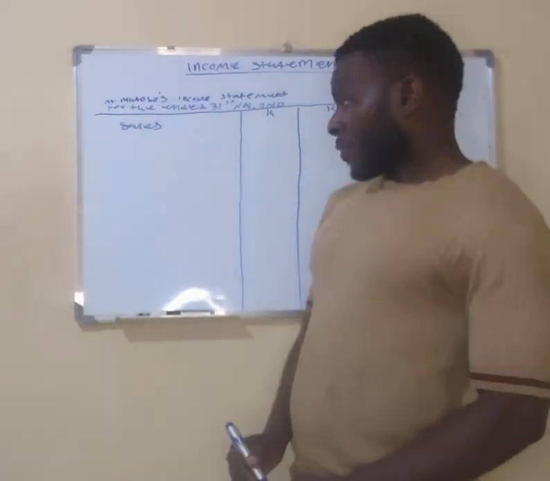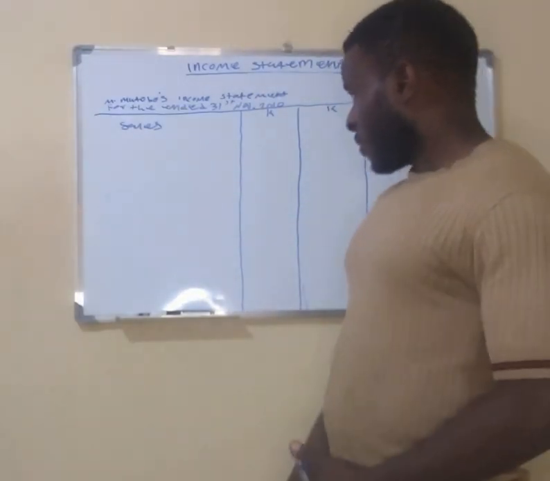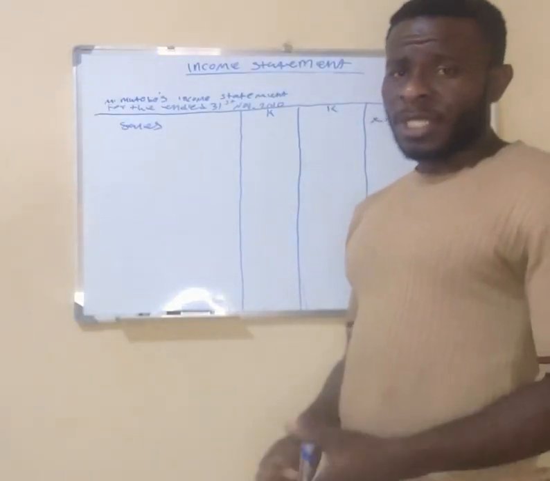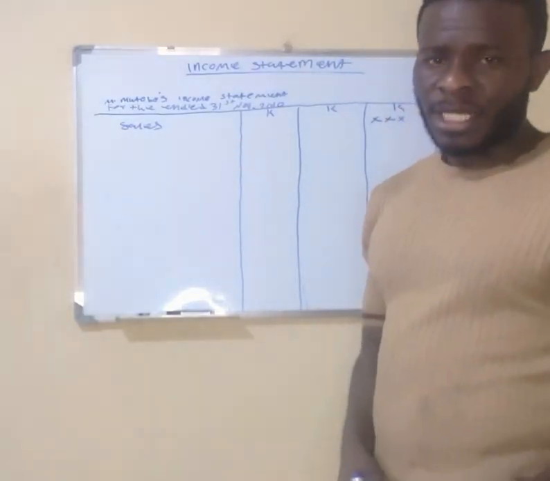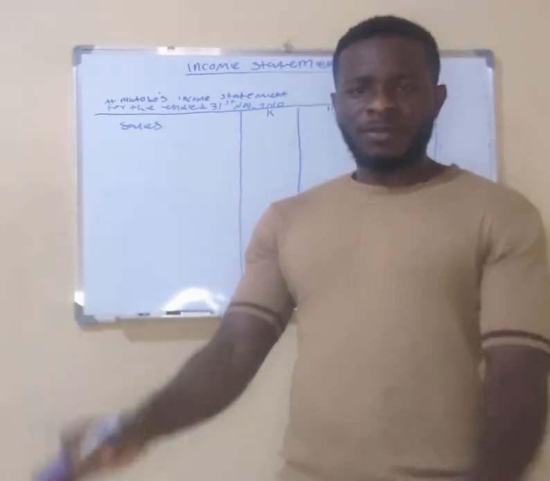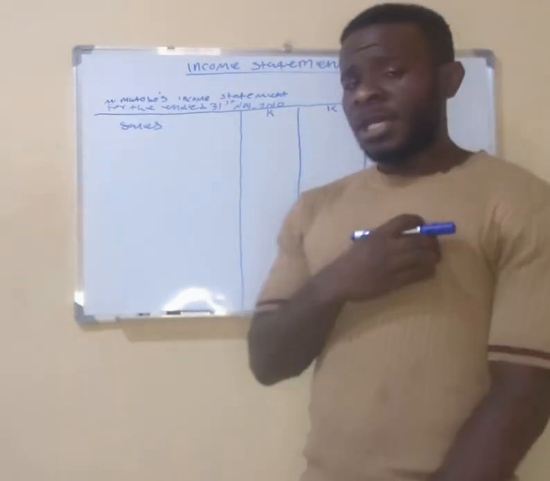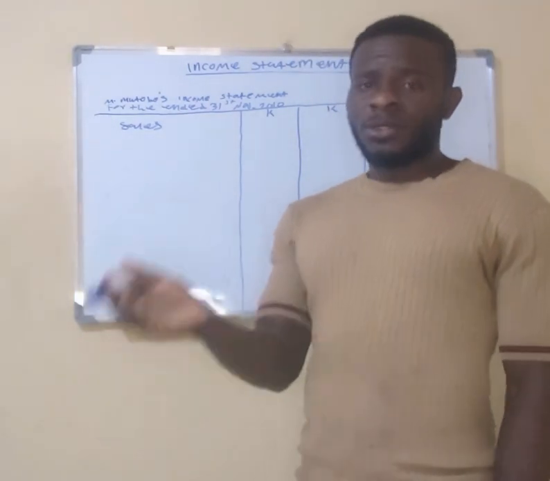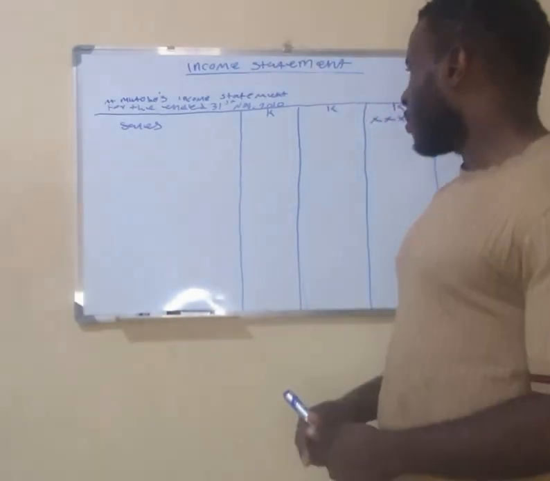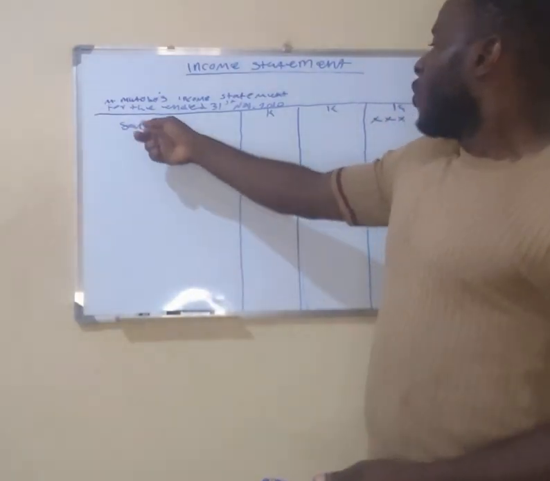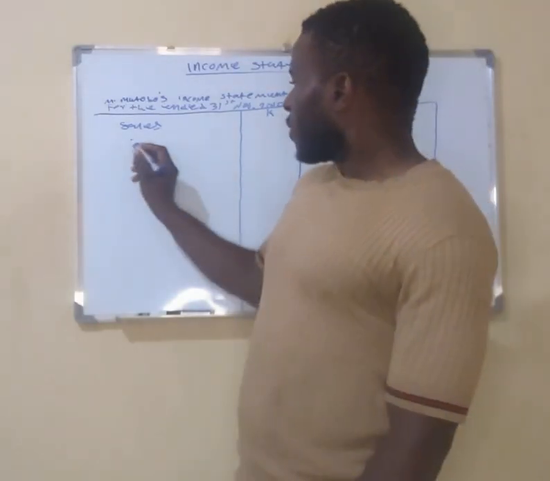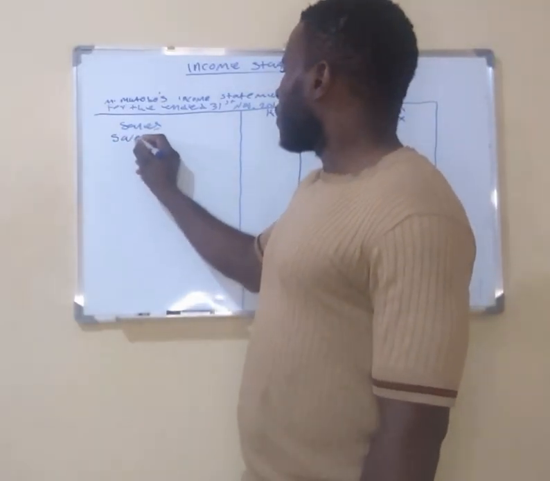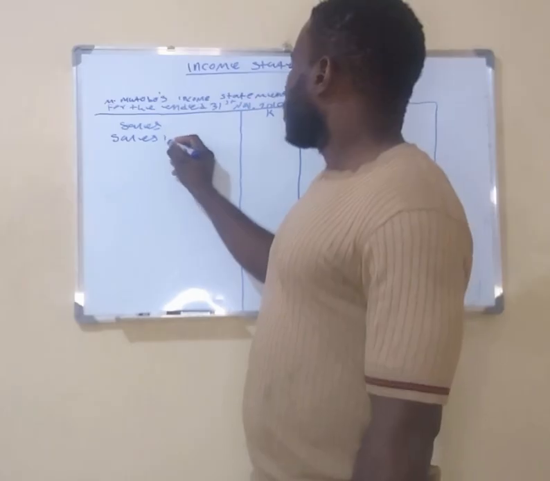After you sell those items, maybe you sold 10 items, and out of those 10 items, 3 items were returned to you by the customer. Say these were defective, so the customer that you sold those goods to decided to return them. So there will be a deduction on the sales, and that is what is known as the sales returns.